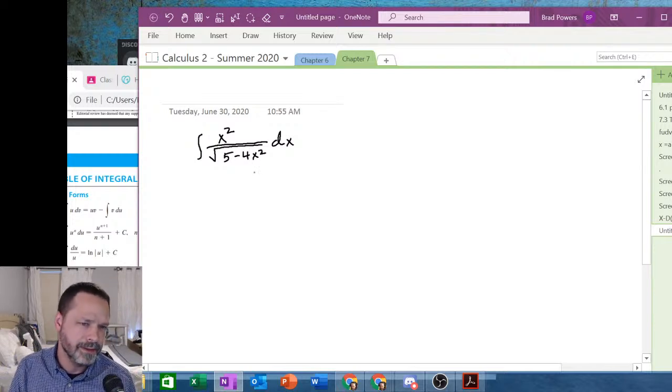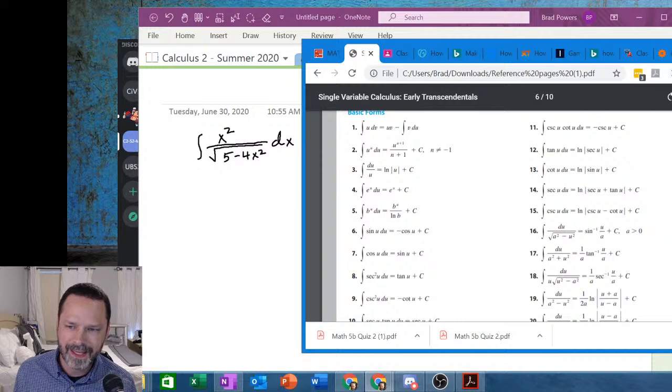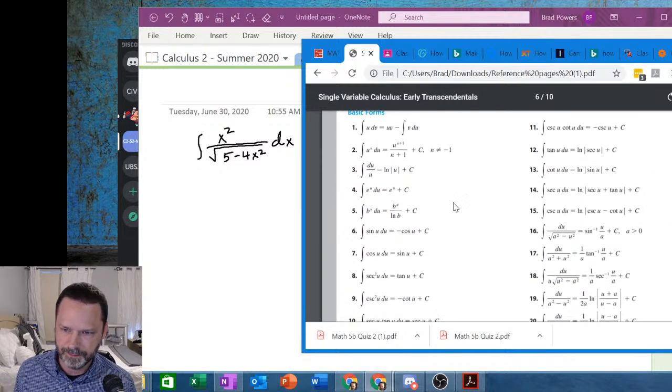But we could look at the table of integrals in our reference pages. And that's right here. And try to see, does that look similar to any of these? These are the basic integrals. Here's something where we have a root of a squared minus u squared, u being the variable. It's close, but it just has a 1 on top.